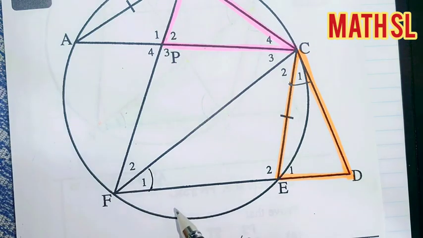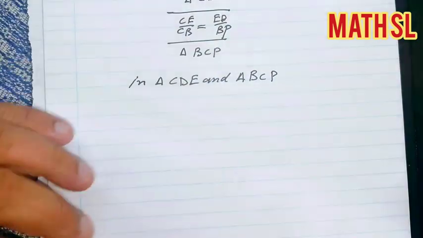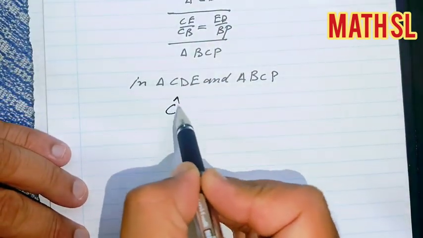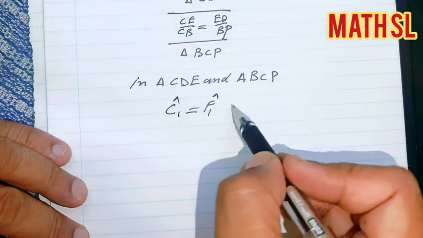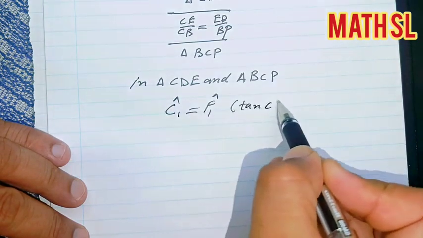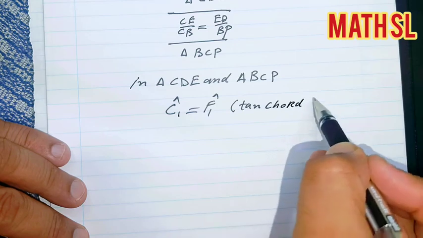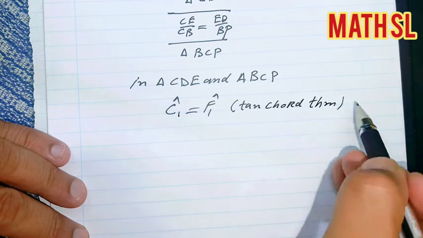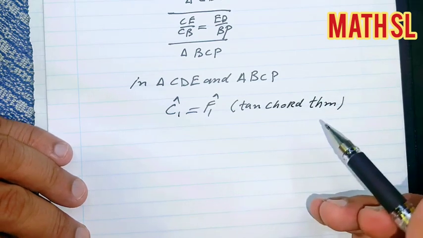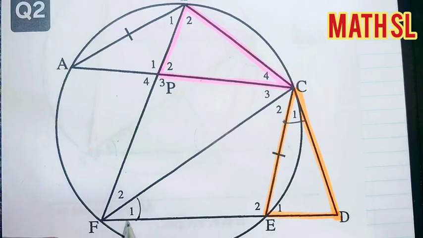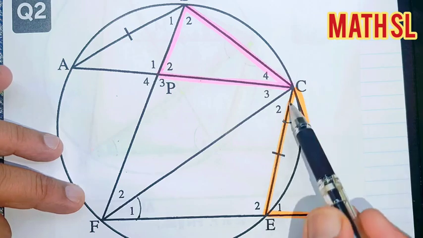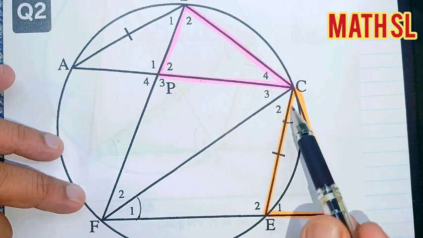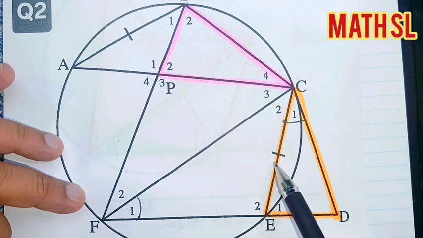So angle C1 is going to be equal to angle F1. Why? Because of the tan chord theorem. Now angle F1 is going to be equal to angle C4. Look here: equal chords, equal angles.